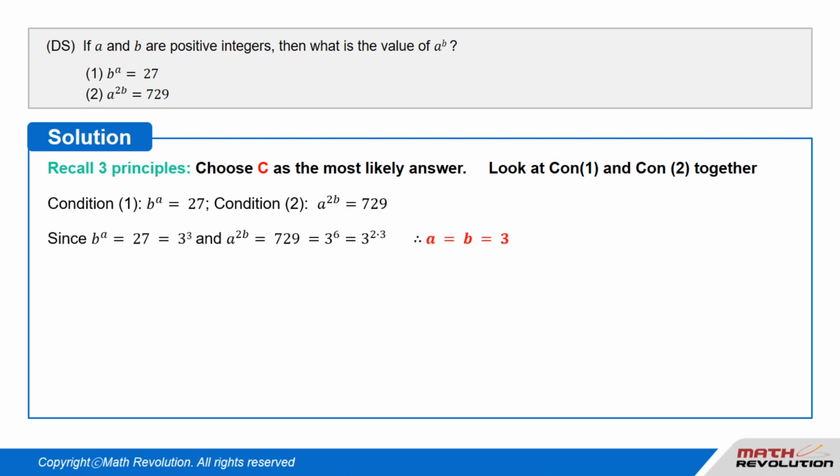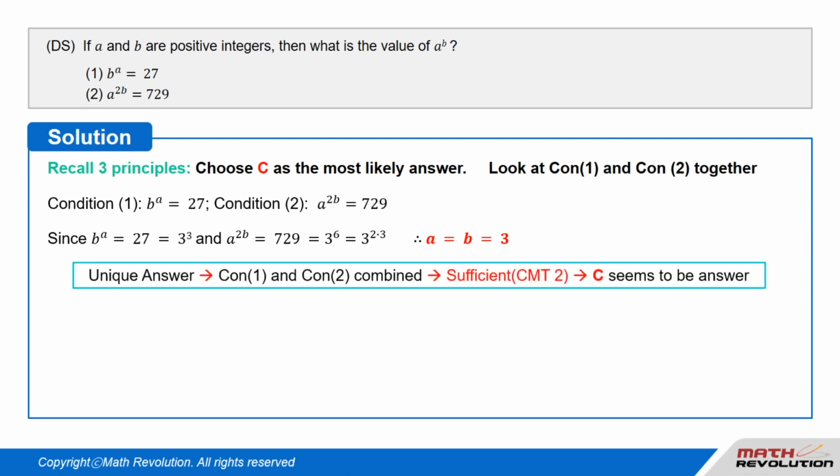Since b to the power of a is equal to 27, which is equal to 3 cubed, and a to the power of 2 times b is equal to 729, which is equal to 3 to the 6th power, which is equal to 3 to the power of 2 times 3, we must have a equals b equals 3. This answer is unique, so the conditions combined are sufficient according to CMT2, which states that there must be only one answer. So C seems to be the answer.